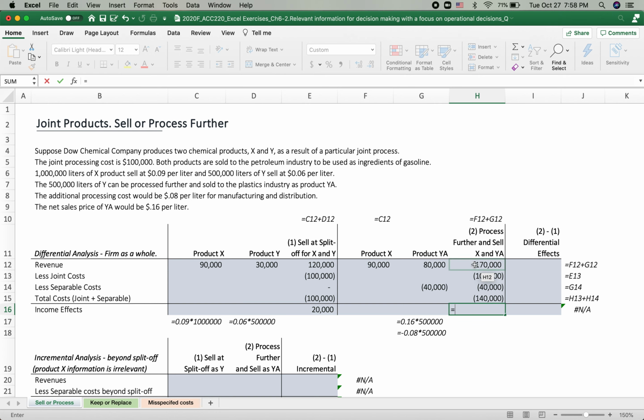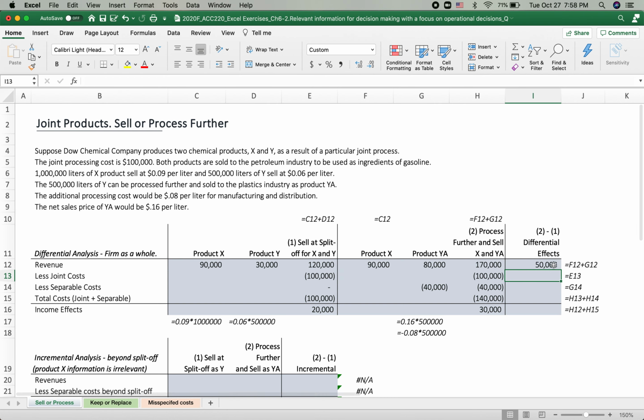Then what is the income impact? Income effect is 170,000 and the total cost. So the 30,000 is the income effect. So let's calculate just differentials between these two options, and then also we found this point.